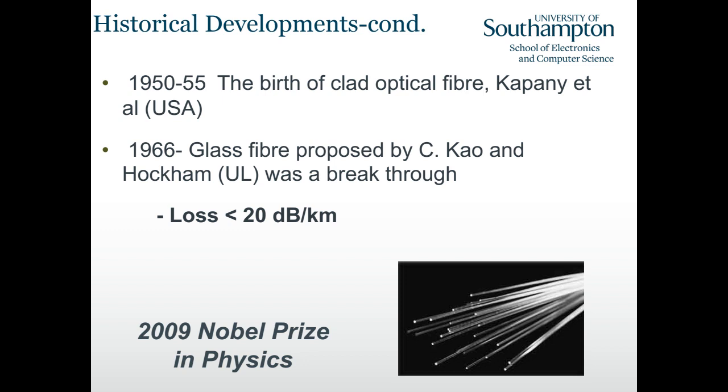And then we have the birth of cladding for optical fiber. Does anyone know what cladding is? Basically for optical fiber, we have the core, and then the outer layer will have cladding.